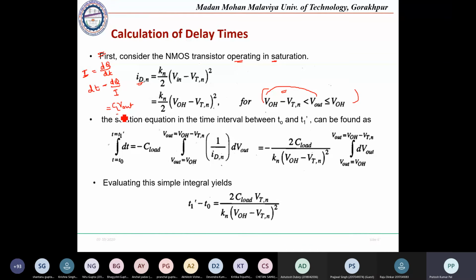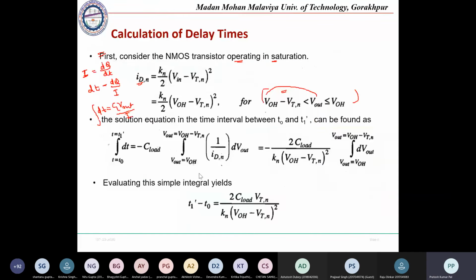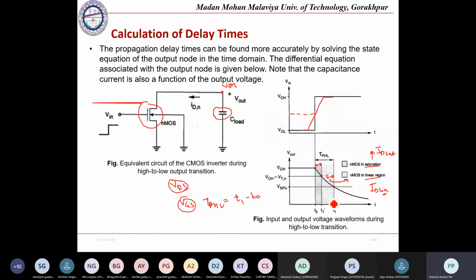Once we integrate this from t0 to t1 dash, at that time the output voltage is changing from VOH to VOH minus this one.